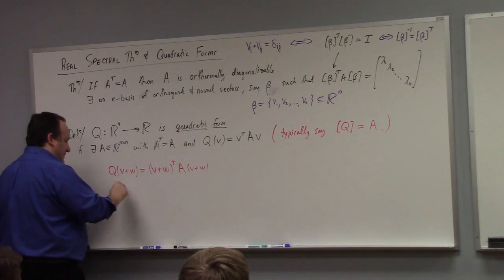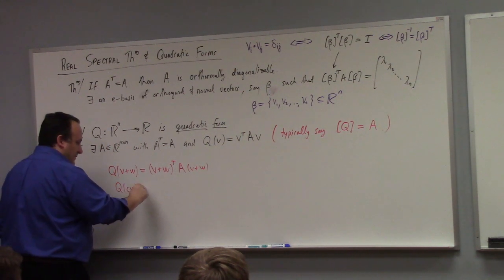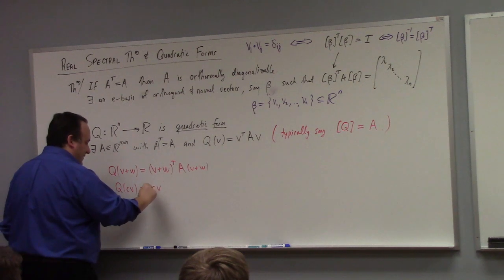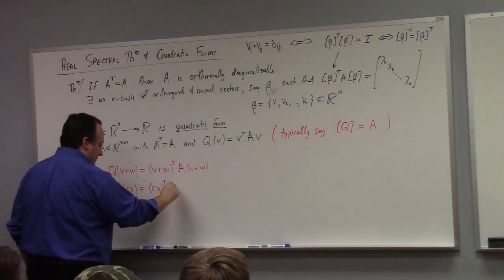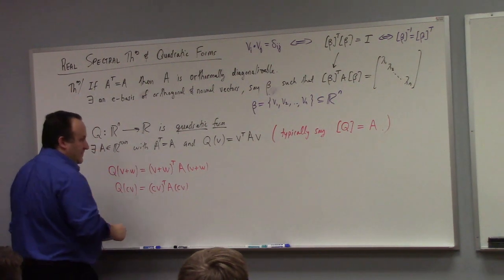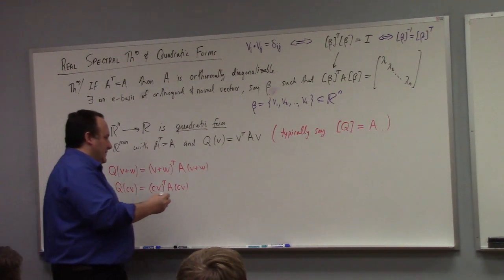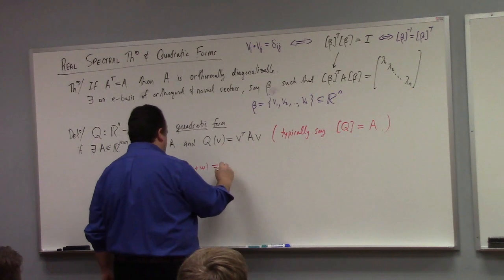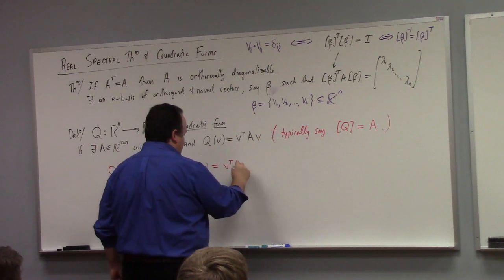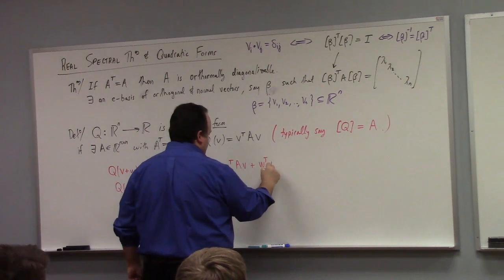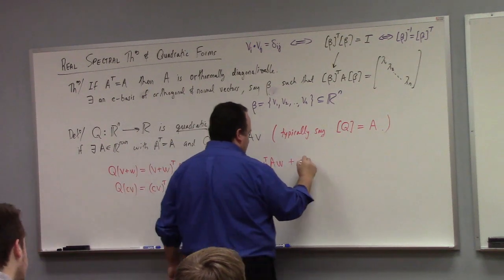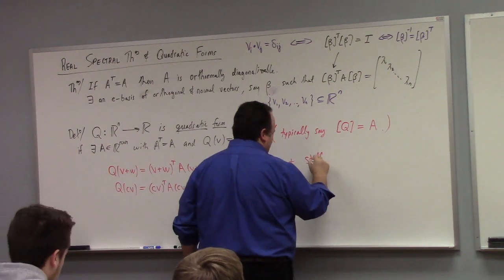If you put in a constant times v, you get a constant times v transpose times A, then the constant times v again, right? It's fairly easy to see that this is v transpose A v plus w transpose A w plus stuff, okay?